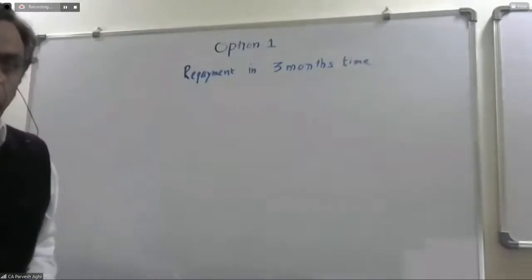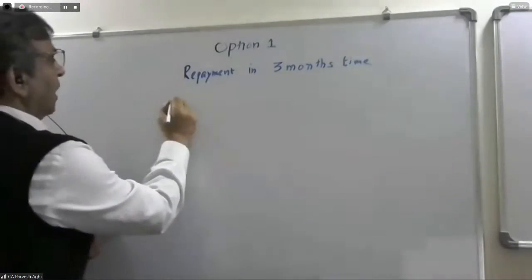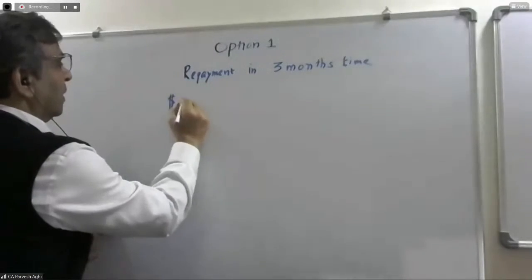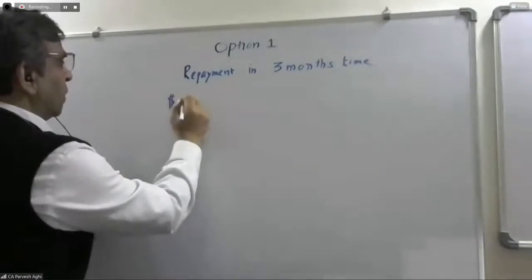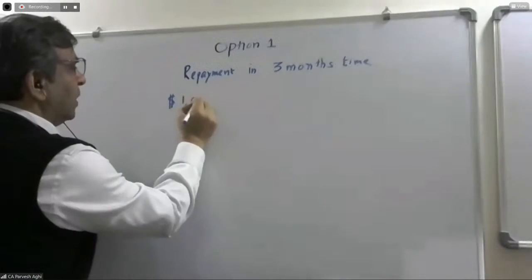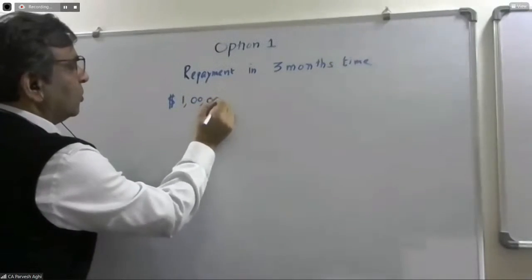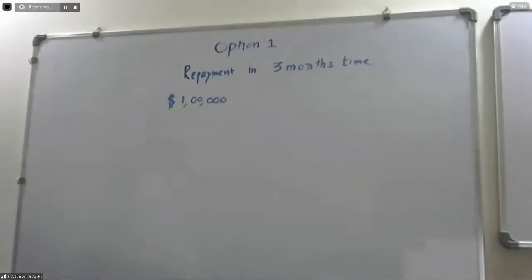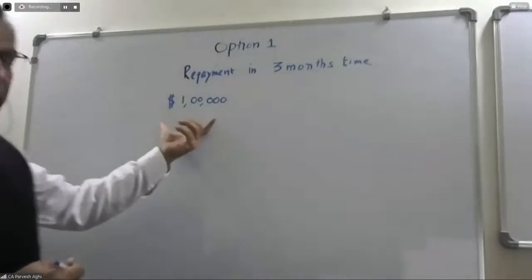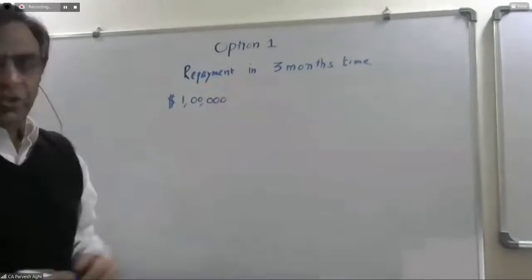The total amount, if we multiply the number of bottles with the dollar price of 20, comes to $1 lakh. So this is $1 lakh to be paid in 3 months' time.